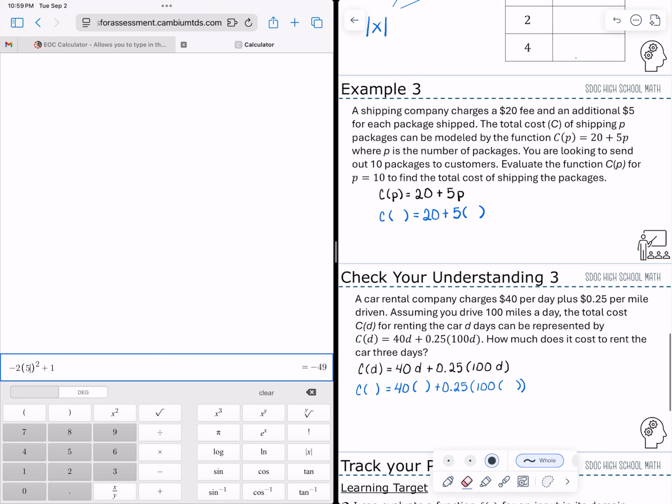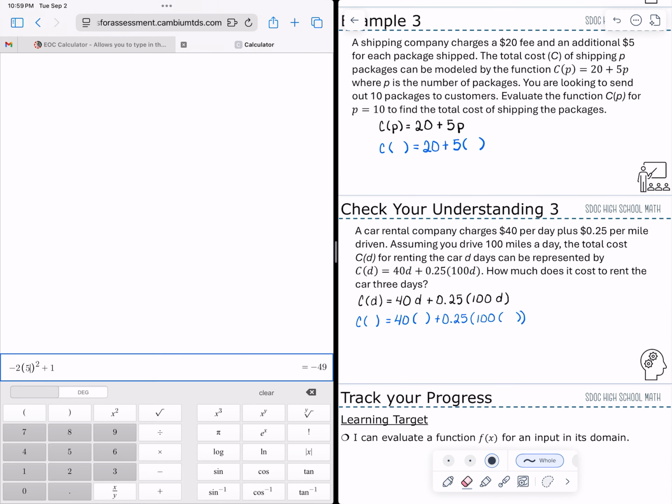Now, example number 3. A shipping company charges a $20 fee and an additional $5 for each package shipped. The total cost, C, for shipping P packages can be modeled by the function C of P equals 20 plus 5P, where P is the number of packages. You are looking to send out 10 packages to customers.